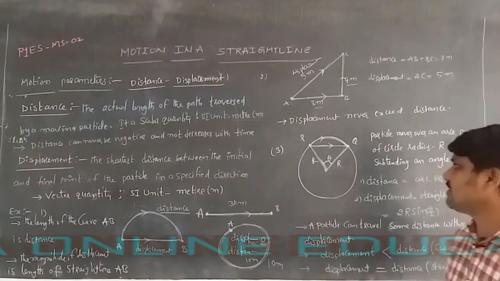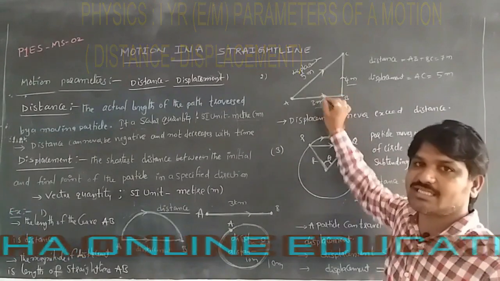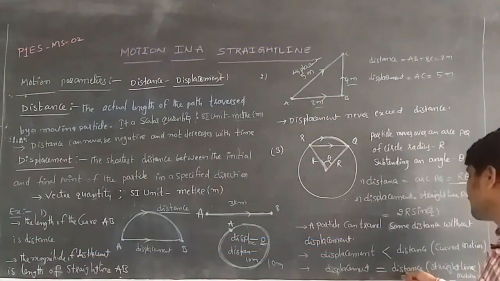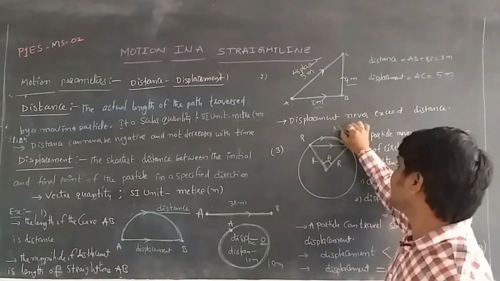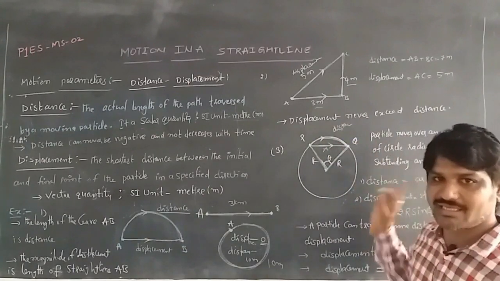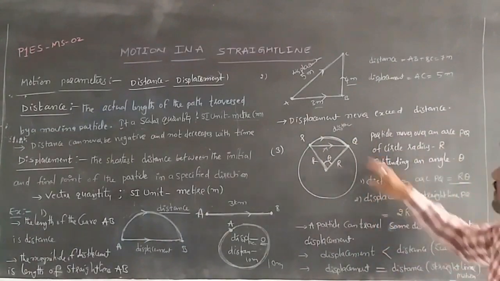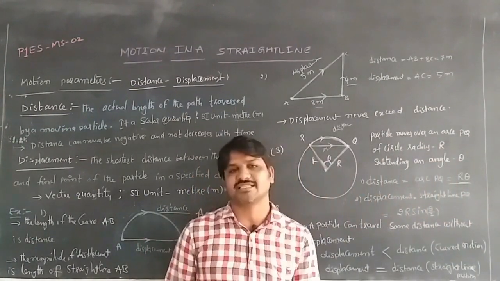Only when the body is moving along a straight line is the displacement equal to the distance. For a curved motion, the displacement is less than the distance. Whenever it is moving along a curve, this will be the distance, and this is the displacement, which is less than the distance. So we can say that displacement will never exceed the distance.